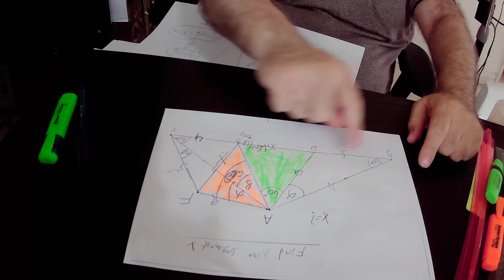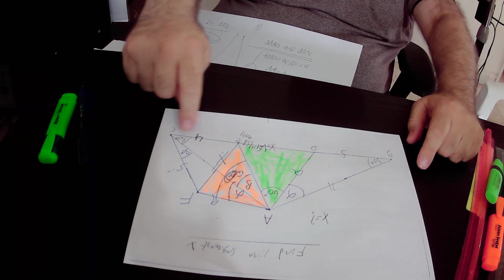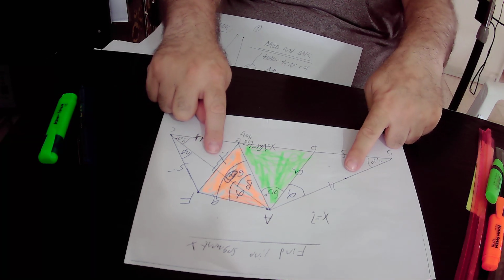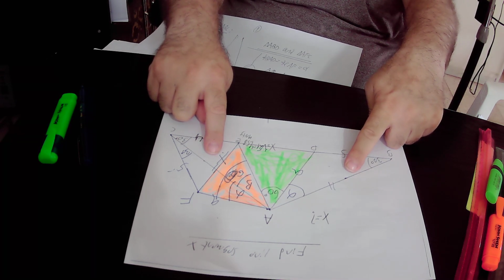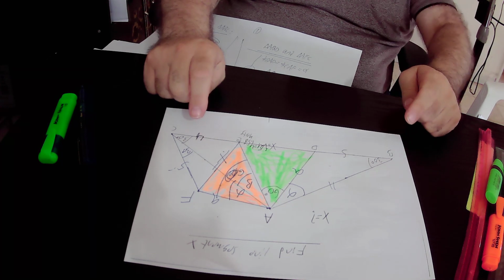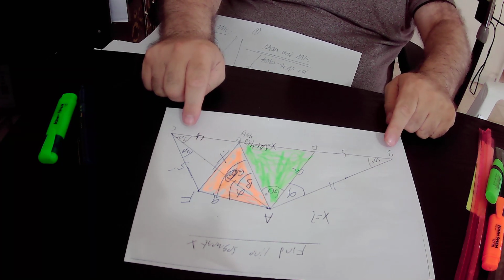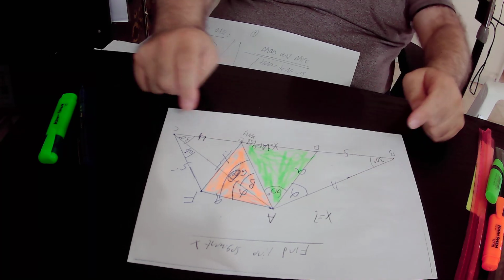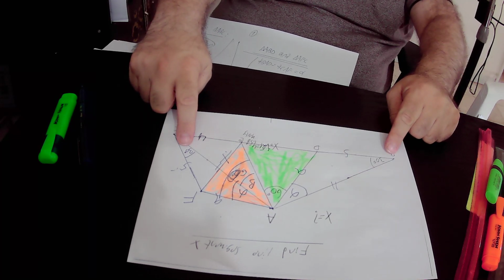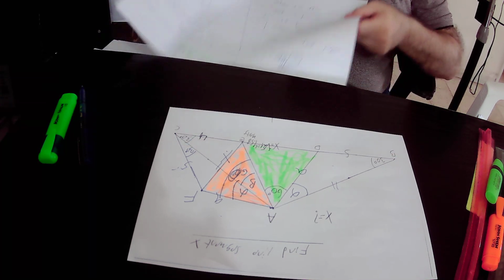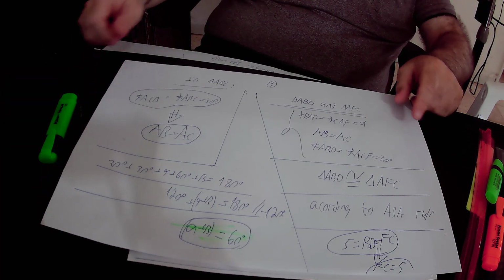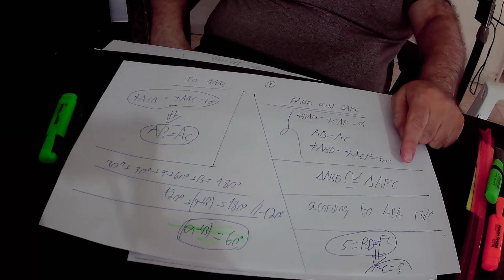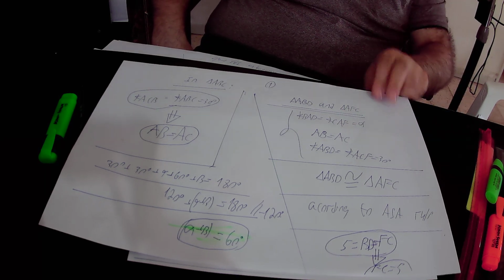In addition, AB equals AC. We have already found that AB equals AC because those two sides in triangle ABC are opposite equal angles. And finally, those two angles are both equal to 30 degrees, therefore they are equal to each other. So we proved that triangle ABD is congruent to triangle AFC according to the angle side angle rule.